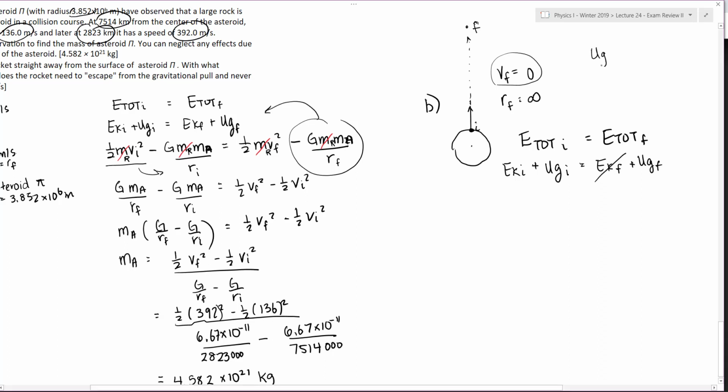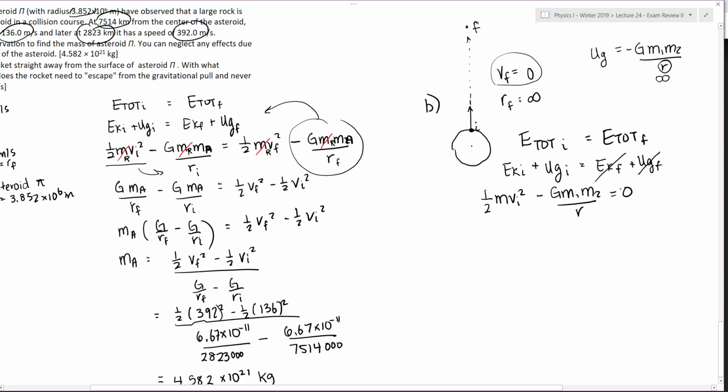That's because the formula for gravitational potential energy is negative G m1 m2 over r. When r is infinity, you divide by infinity, you get a very tiny number, and it approaches 0. So both of those terms go away. I'm going to plug in the formulas. EK initial is 1/2 m v squared. UG, gravitational potential energy, is negative G m1 m2 over r, and the final is 0.